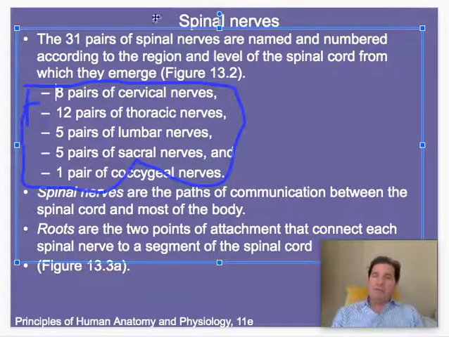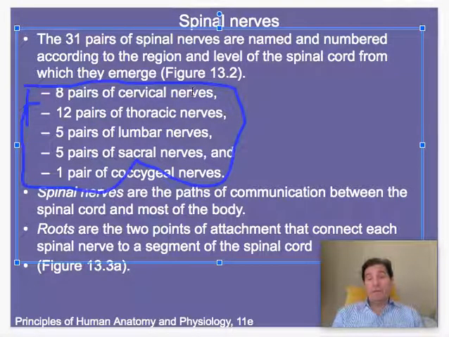So you'll notice the cervical nerves, there are 8 pairs, but you have 7 cervical vertebrae, 12 vertebrae in the thoracic area, 12 nerves in the thoracic area, 5 lumbar bones. Do you see the gist?